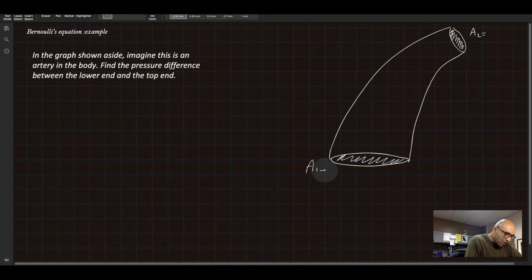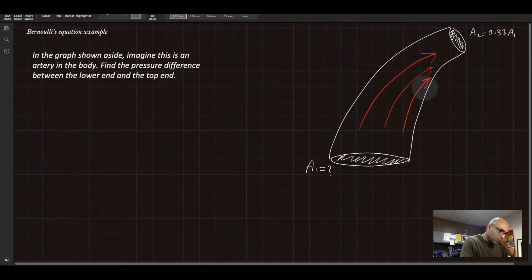Now A1 is unknown, and A2 is equal to 0.33 A1. Blood is flowing this way. The distance the blood goes up here is 0.7 meters.